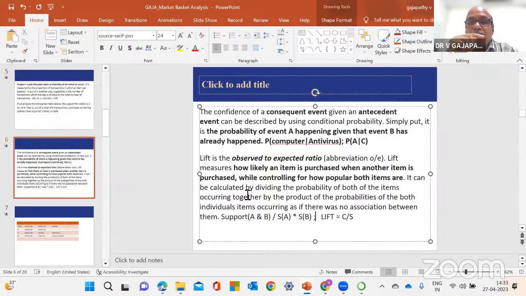Otherwise, what you can do is confidence divided by support. Now, what you have to understand: if the lift is equal to 1 or less than 1, it means the association is less.